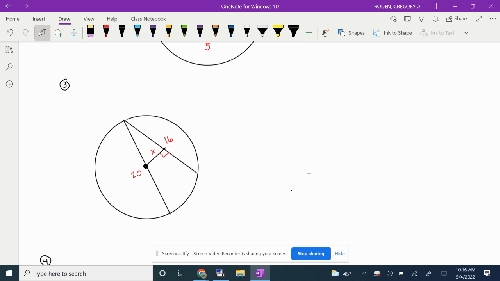So I want you to think about this problem for a second, and we're trying to figure out how long x is. Now, when I'm saying 16, that is the length of the entire right chord. When I'm saying 20, that is the length of the entire left chord. You guys understand that?